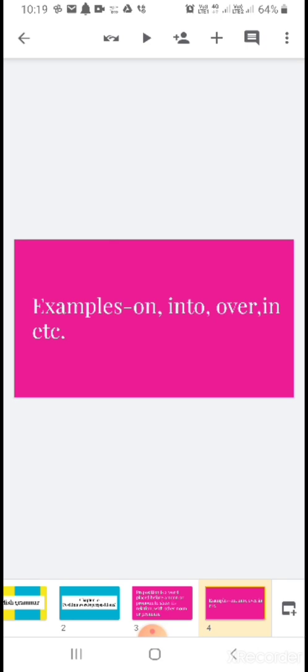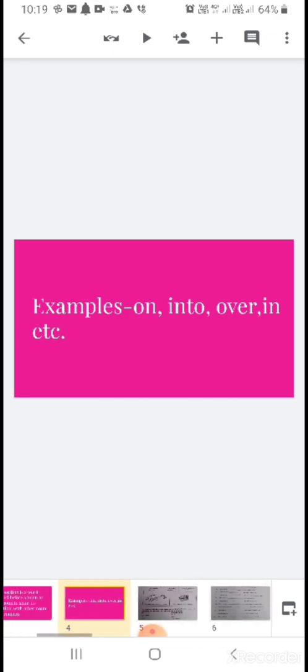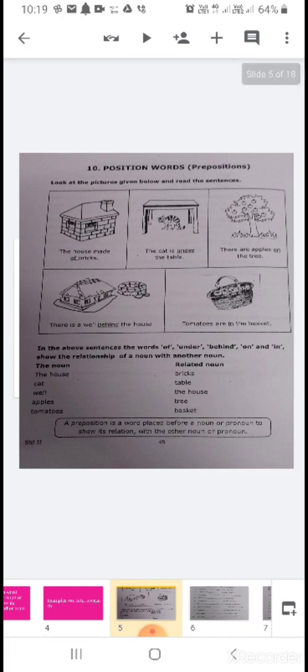Some examples of prepositions are on, into, over, in, beside. You can take more examples, as there are so many examples of prepositions. So today we begin with our chapter number 10, position words, or we can say prepositions.